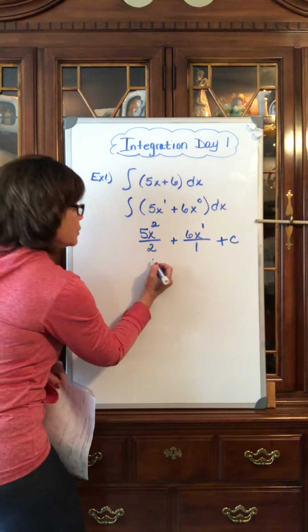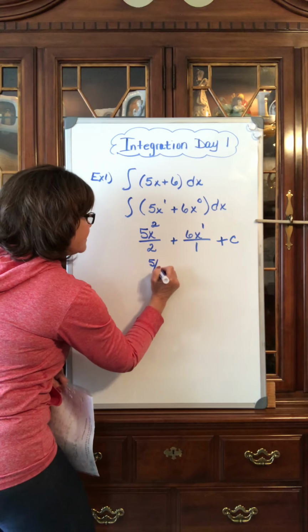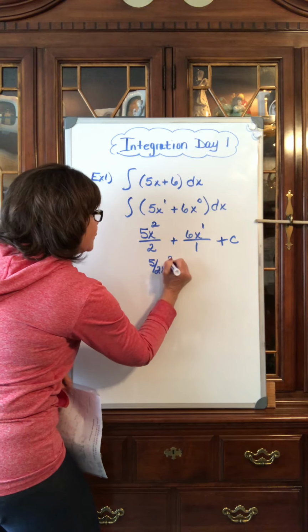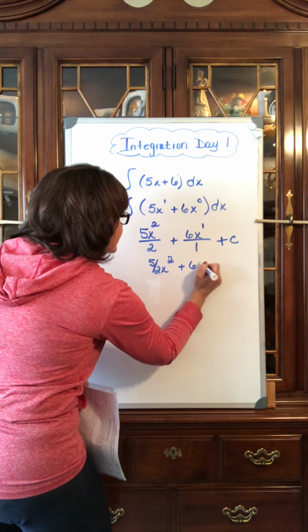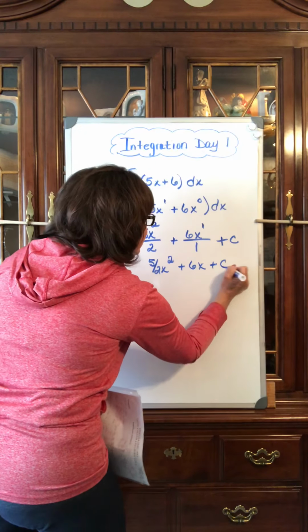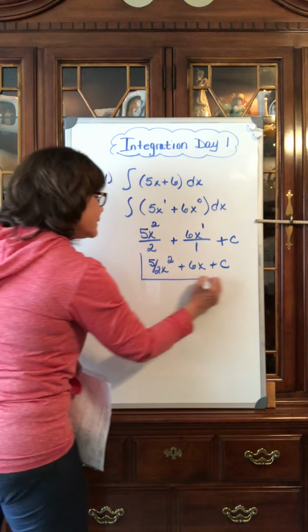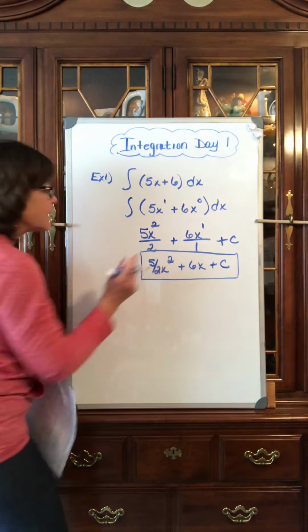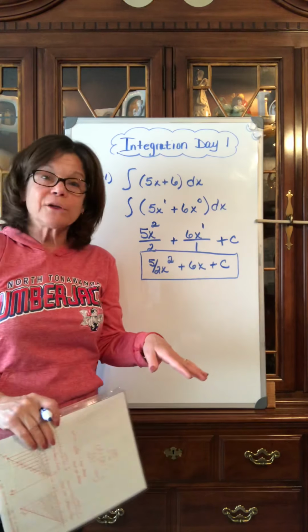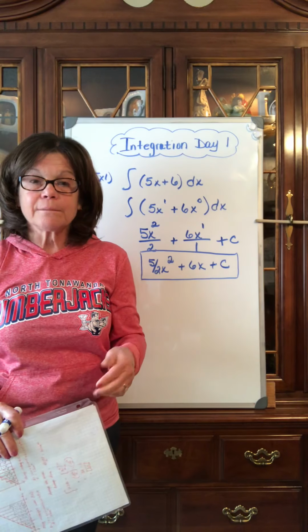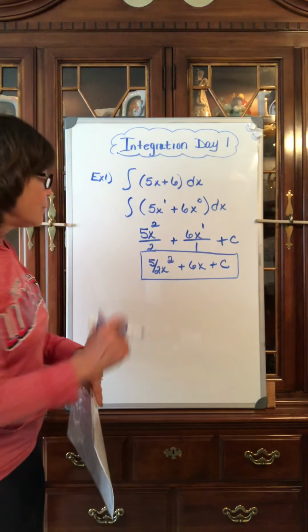So the integration will be 5/2 x squared plus 6x plus c. So this is the indefinite integral of that function. Now, you can always check your integration to see if you've done it right by taking the derivative. So here's my check.